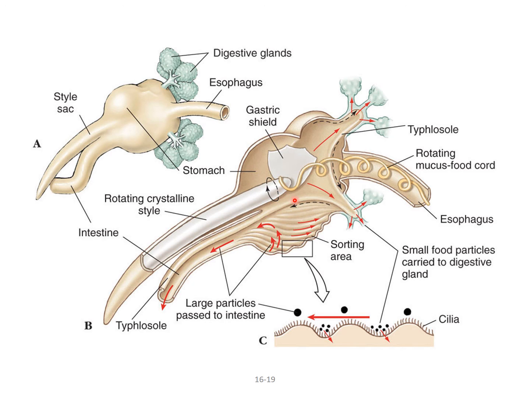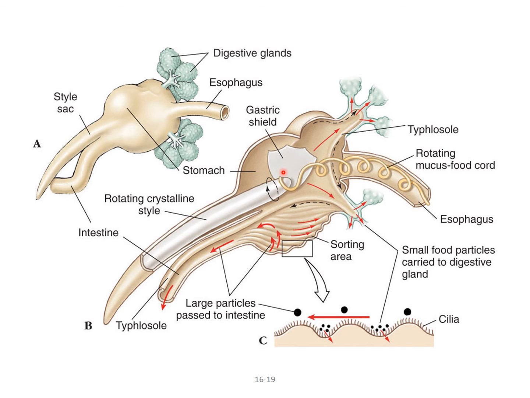So in the stomach, enzymes mesh with the mucus cord or string. They start digesting carbohydrates and fats. The crystalline style rotates against this gastric shield, and it dislodges particulate matter.